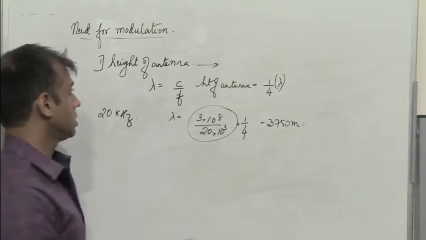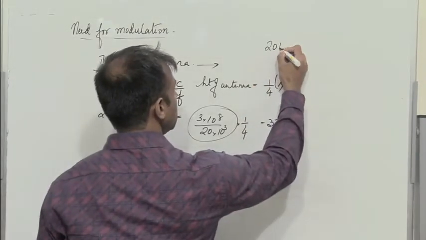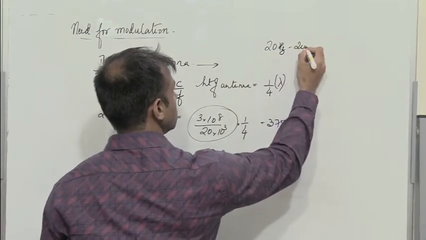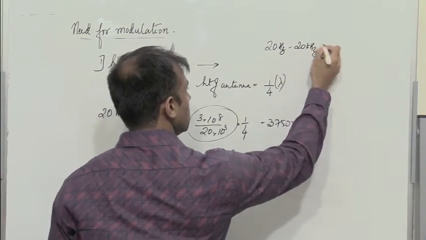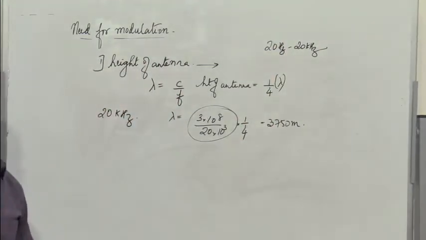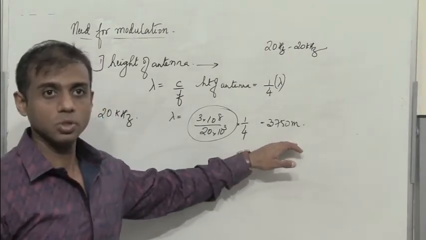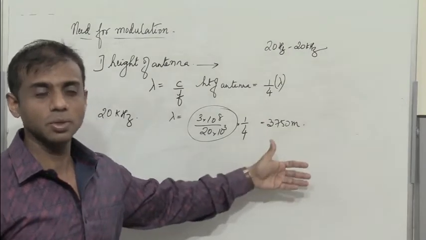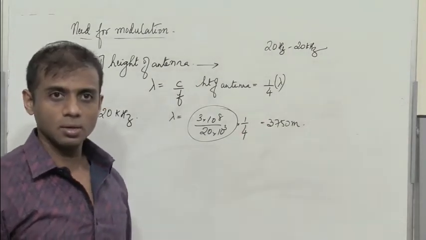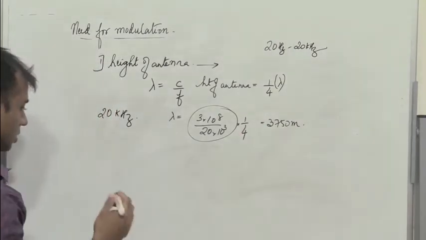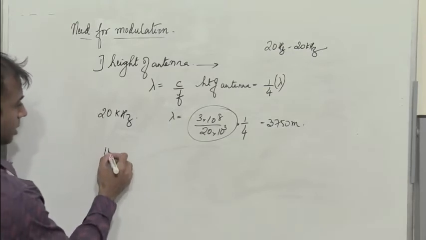or radio signals lie in the range 20 Hertz to 20 kilohertz. So if I need to transmit or receive a 20 kilohertz signal, I would need an antenna of this height, which is practically impossible for us to construct, right? Now let us consider a higher frequency, 1 megahertz.